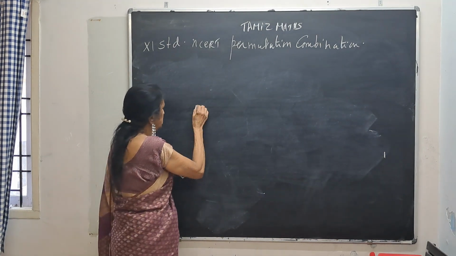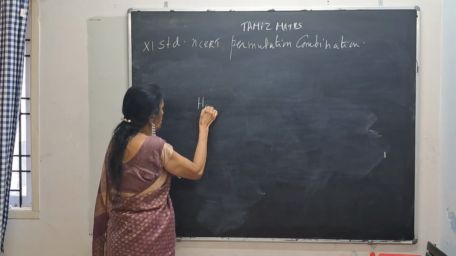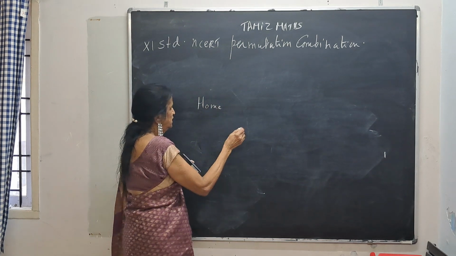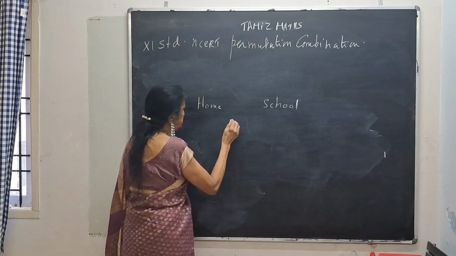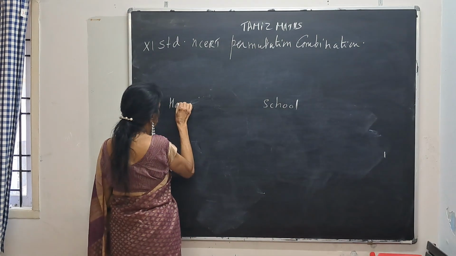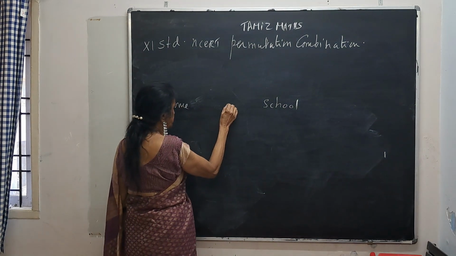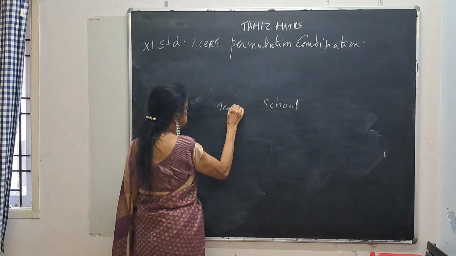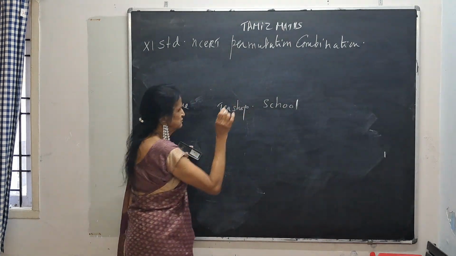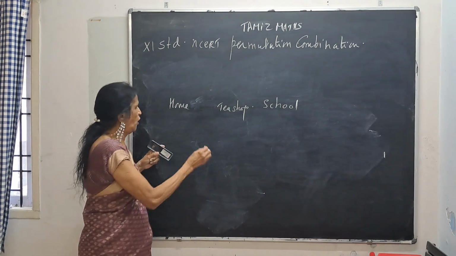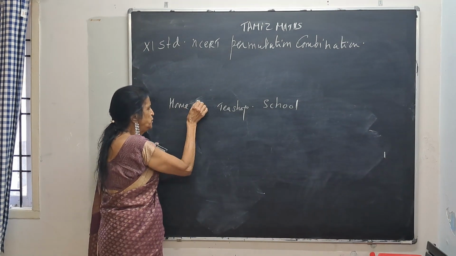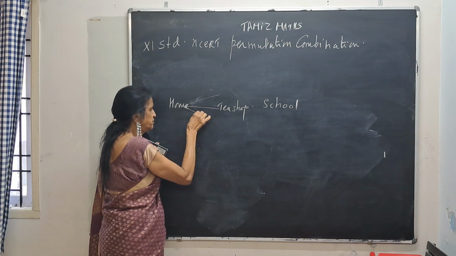Now, this is your home and this is your school. In between, you have a tea shop. Now, morning, you leave your home. There are 3 ways you can go to the tea shop.